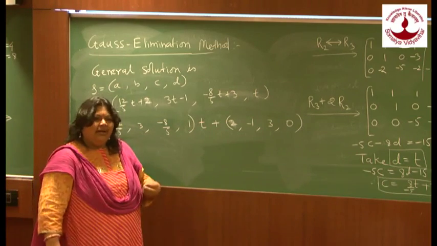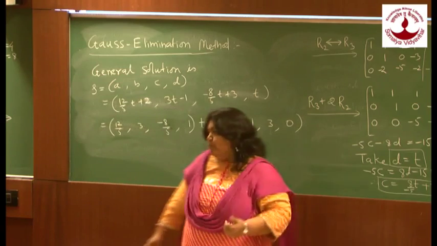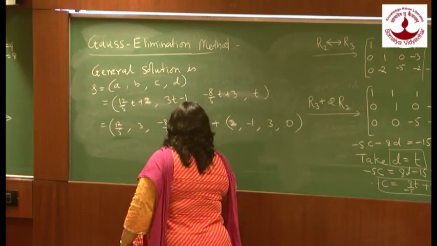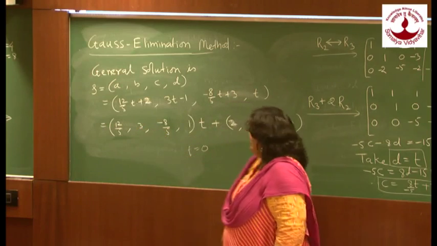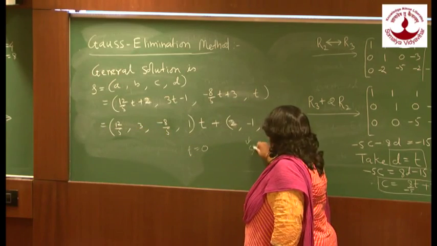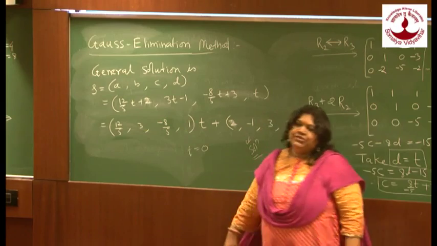One solution is already ready-made before you. If you put t equal to 0, this part vanishes, and this is directly a ready-made solution in your hand.